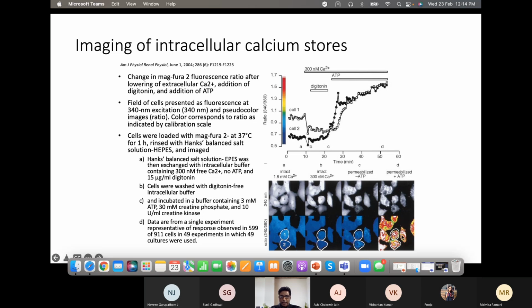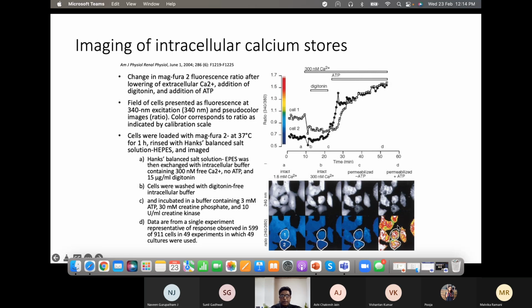And what I said was that the amount of calcium that is there, and the way it is released, is very crucial, because it essentially controls a lot of functions within the cell.